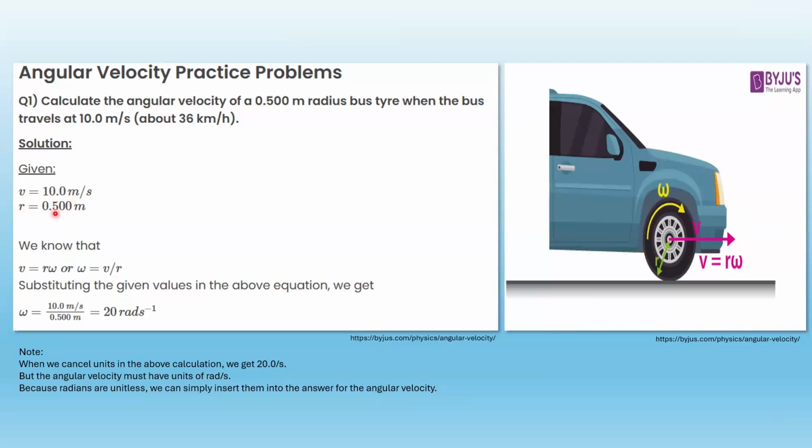And here's the radius. We know that. Here's the formula. Velocity equals radius times angular speed, or the angular velocity. If you just derive that formula from here, flip things around, you're going to have the angular velocity. That is going to be the linear velocity divided by the radius.